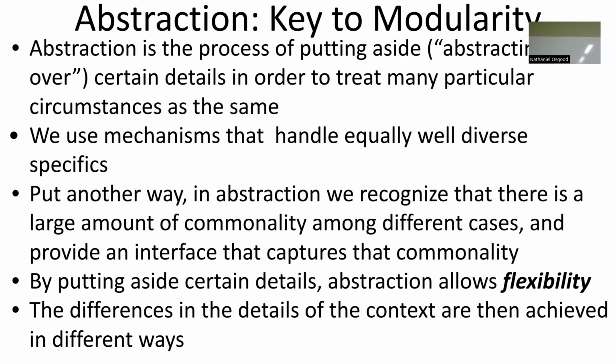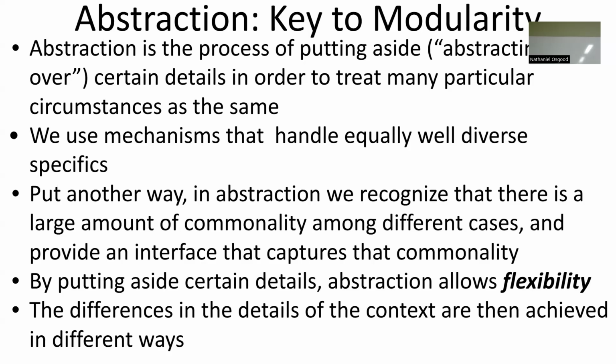Now, we're going to see this includes many different ways of understanding abstraction. In abstraction, we recognize that there's commonality that we can draw. We can abstract out of many different cases, and we can treat them all as variants of a certain pattern.